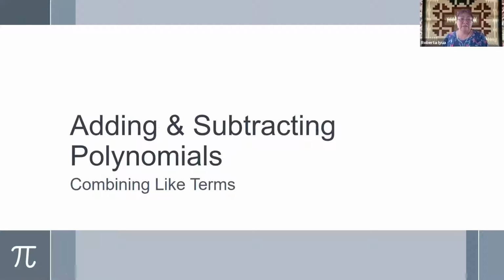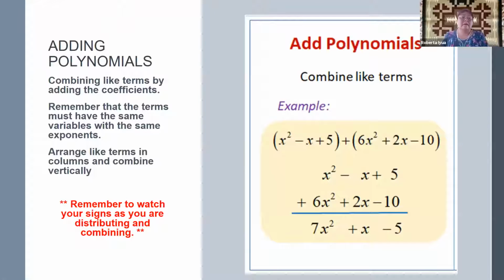In this section, we're going to be covering adding and subtracting polynomials, and it'll be done by combining like terms. Adding polynomials: you are combining like terms by adding just the coefficients. Remember that the terms must have the same variables with the same exponents.